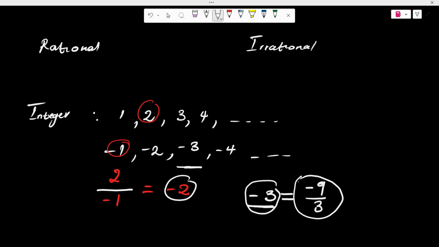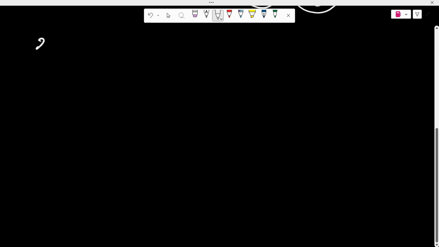Let's take another one, let's say 2. Would you say the number is a rational number or an irrational number? And the answer is this is a rational number, because this 2 can be expressed as a fraction using two integers.